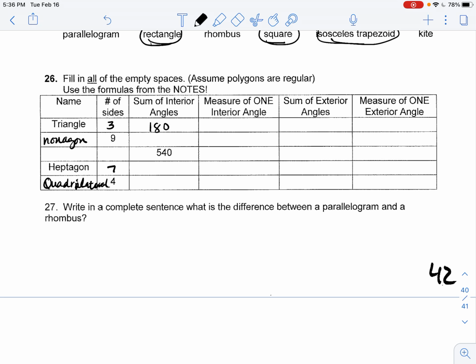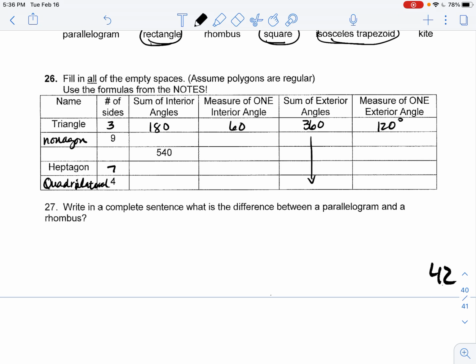Triangles have 3 sides. The sum of the interior angles is 180. The measure of one angle is 60. The sum of the exterior angles, these are all 360. The measure of one exterior angle, that's going to be 120.